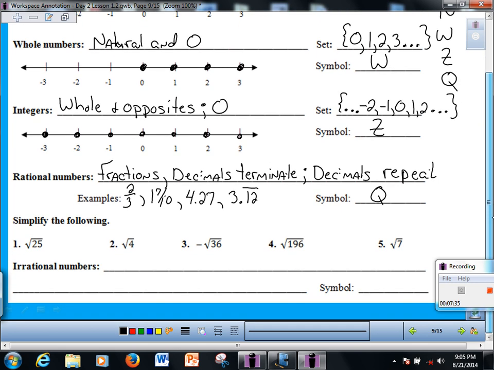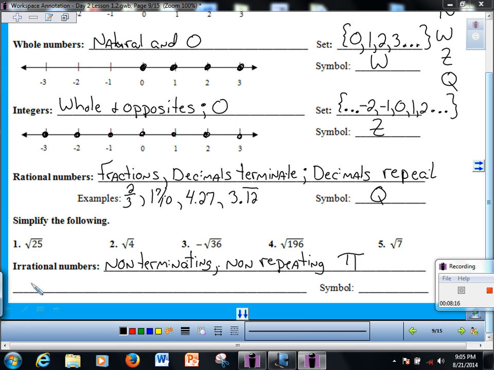Okay. Now I'm just going to give you the definition of irrational numbers. These would be our non-terminating decimals. Technically, it's our non-terminating, non-repeating decimals. Like pi would be an irrational number. It has no pattern to it, and it goes on forever.